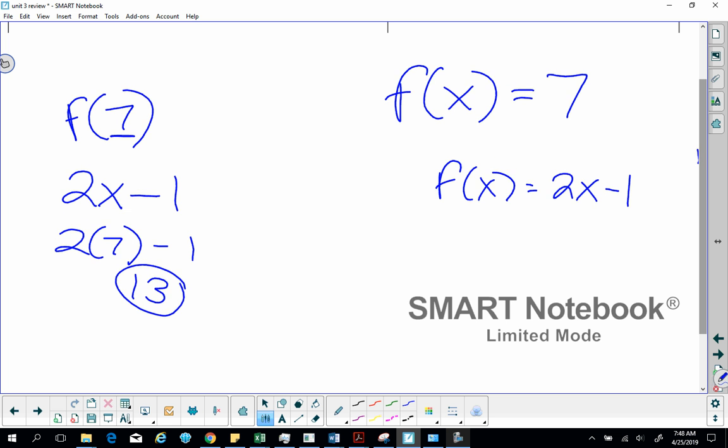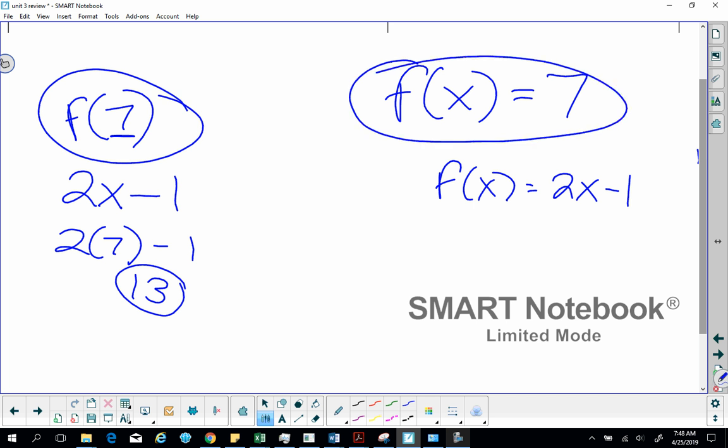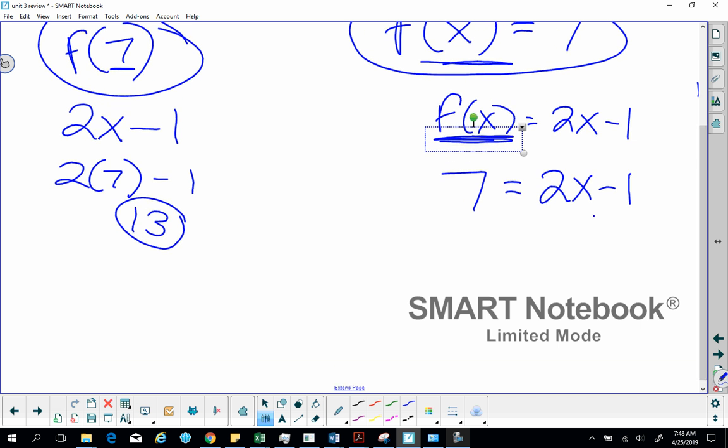F of x. Do you see the difference between this right here and this? This is saying plug it in for this whole thing. So I would plug 7 in right here. You can either solve, which I would just do a 2-step equation, or what Tyreek did is type the equation into his calculator and scroll until his y is set. But you should get the same answer.